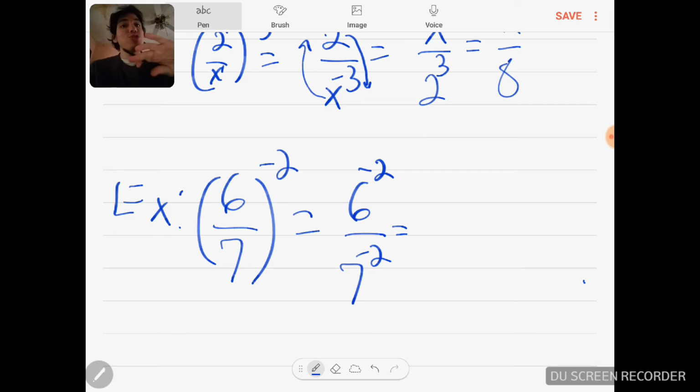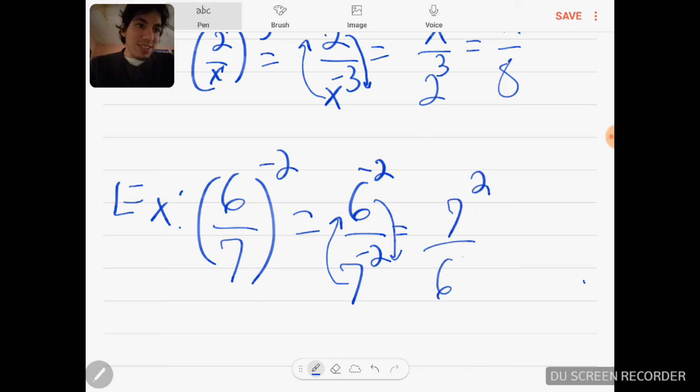But then you flip the numerator into the denominator and the denominator into the numerator, and you change the signs of the exponent. So then this becomes 7 squared over 6 squared, which is going to be 49 over 36. Can I reduce that? No, I cannot. So we're done with that type of problem.